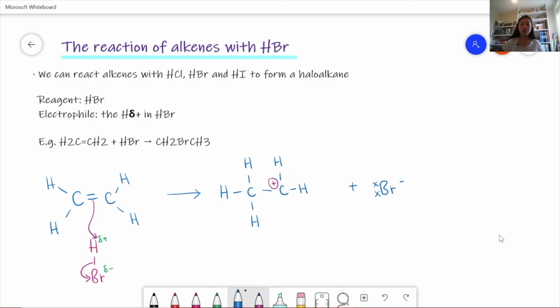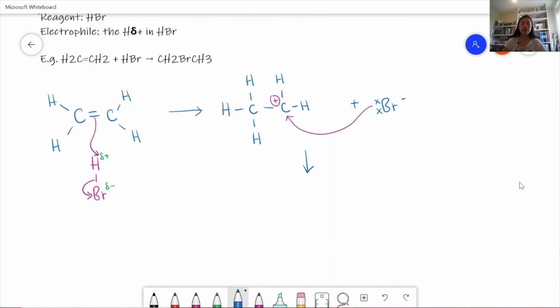And so what happens is that these 2 electrons then attack this carbon, and then we form this bromoethane that we're after. And the carbon is no longer positively charged now. So this is bromoethane.